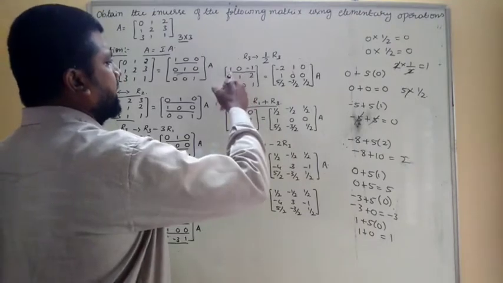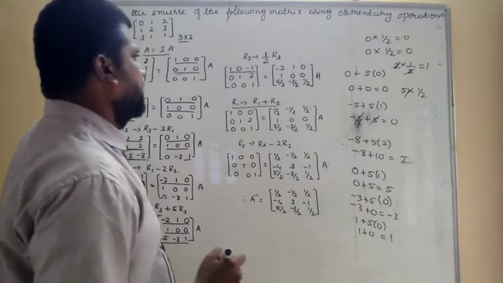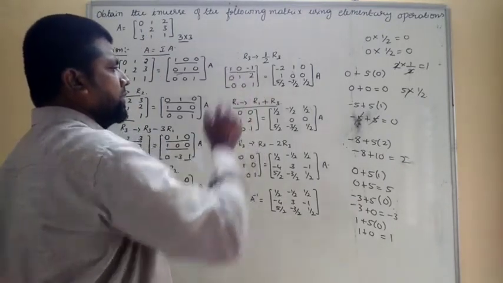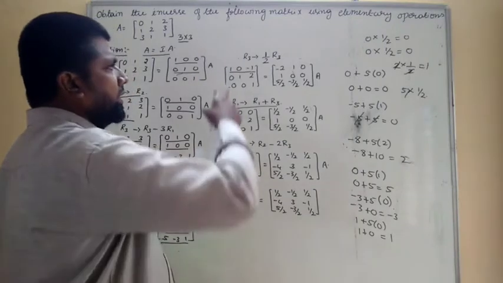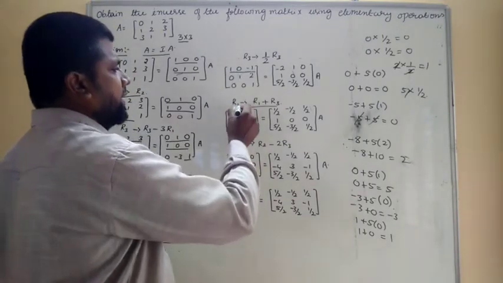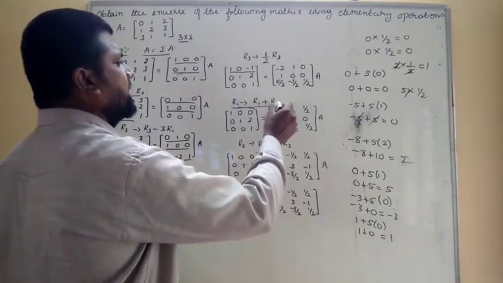In row 1, 1 is there, 0 is there, minus 1 is there. So the first row should be 1, 0, 0. To get 1, 0, 0, let us change R1 to R1 plus R3.